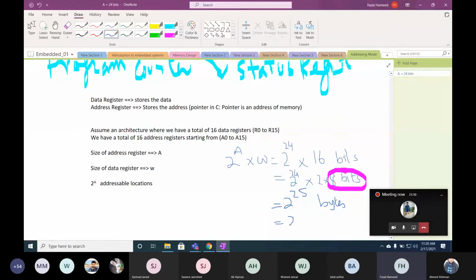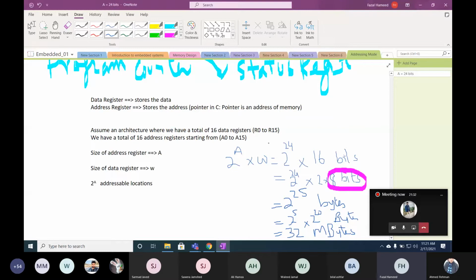Can we write it like this: 2 raised to power 5 multiplied by 2 raised to power 20 bytes? 2 raised to power 5 is equal to 32, and 2 raised to power 20 is mega. So our memory size in this particular example is 32 megabytes.